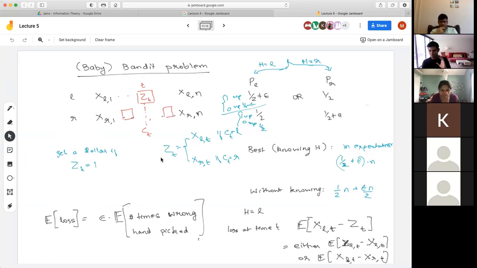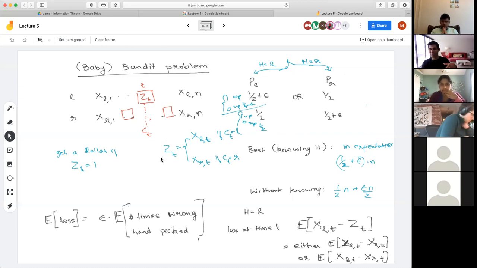And if I fix your strategy, whatever strategy you are going to adopt, then the number of times you pick the left hand is a function purely of the data that you saw. Right? There is nothing else. It's also a function of the choices you made and the data that you saw based on those choices.